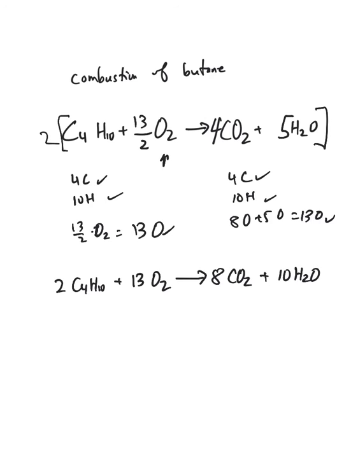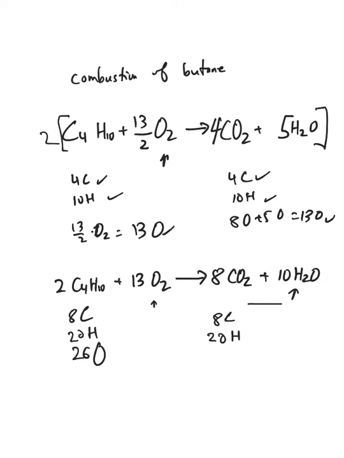So let's check our atoms. In the butane, 2 times C4 is 8 carbons, 2 times 10 is 20 hydrogens, and 13 times 2 is 26 oxygens from my O2. Product side, 8 carbons from the carbon dioxide. I've got 2 times 10 is 20 hydrogens.